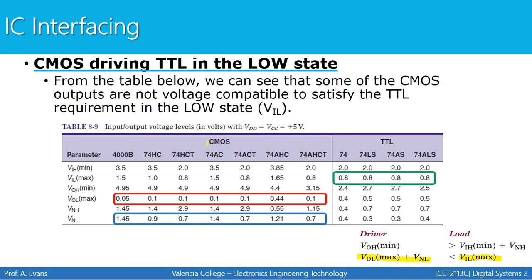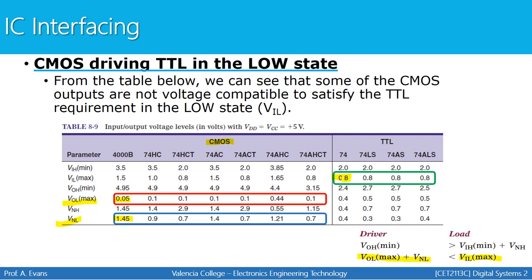So we're going to look at the driver. We're going to look at the low level output voltage for the driver and the low level noise spike, and we're going to add these two values together for each part number. So for example, 0.05 plus 1.45, this is for the 4000B, is clearly too high for the 74 part number.